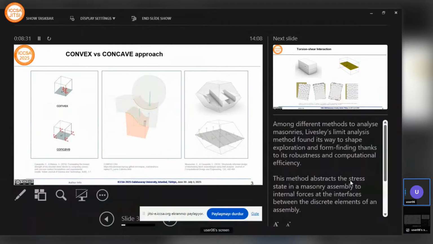Because of the concave geometry, the possibility of fracture is also important, and we cannot actually ignore that.